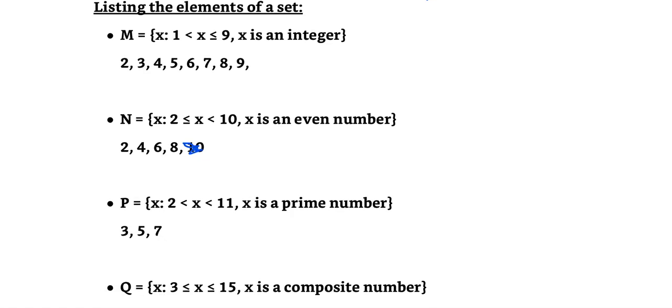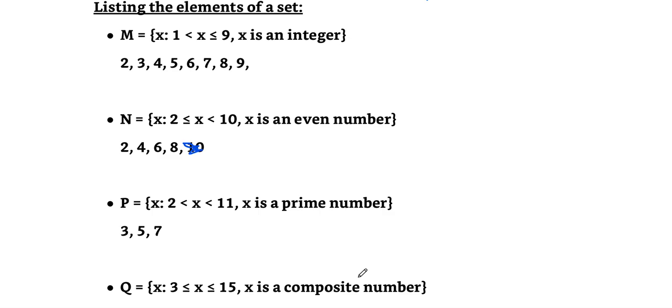Then the next question we have is Q, where we have 3 less than or equal to X, less than or equal to 15, where X is a composite number. So what's a composite number? A composite number is a number that has more than 2 factors. That means it doesn't just have 1 and itself as factors, it has more than those.